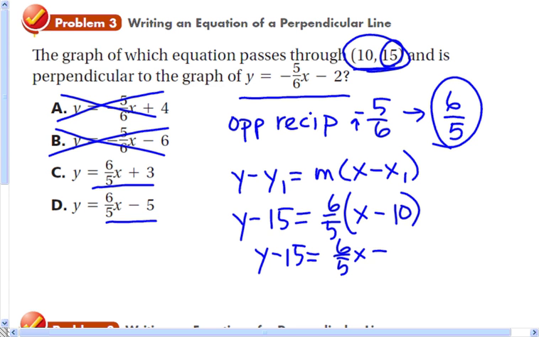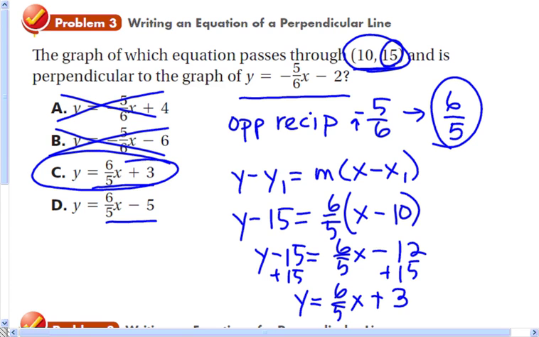You can use your calculator if you want, but 10 divided by 5 is 2 times 6 is 12. And then I'm going to add 15 to both sides, and I get y is equal to 6/5 x plus 3. So there it is, answer C.